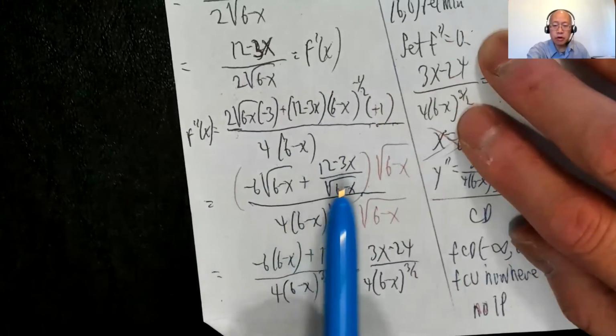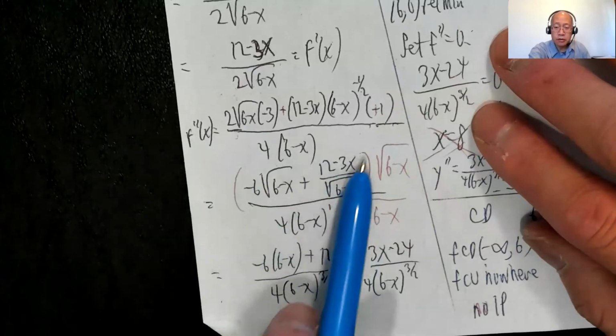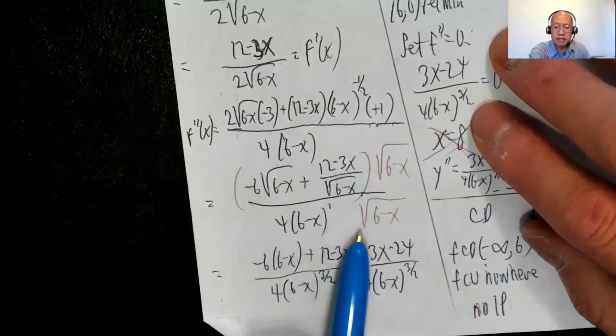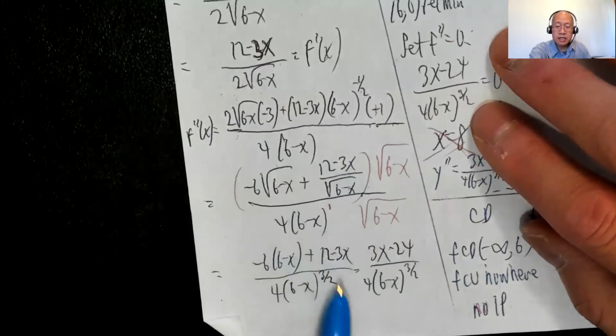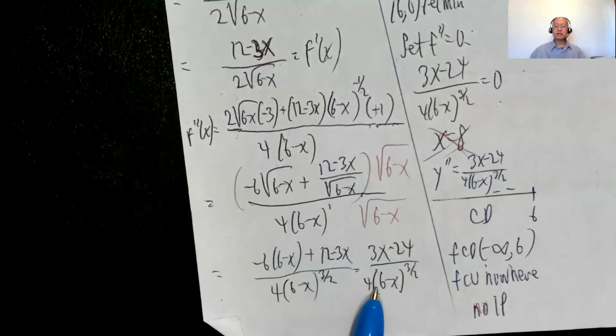All right, I decided to multiply top and bottom by radical 6 minus x to clean it up. So that becomes -6 times 6 minus x. This becomes 12 minus 3x. This becomes 4 times 6 minus x to the 3/2 power. Touch up: 3x minus 24 over 4 times 6 minus x to the 3/2.